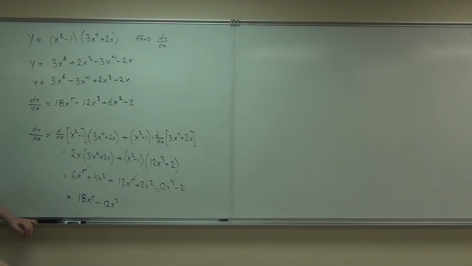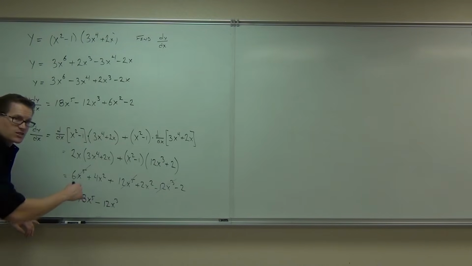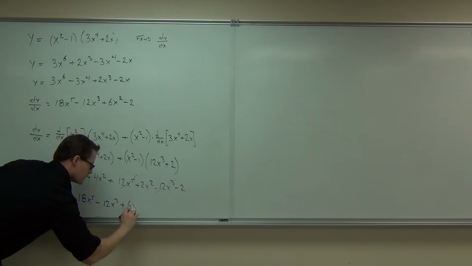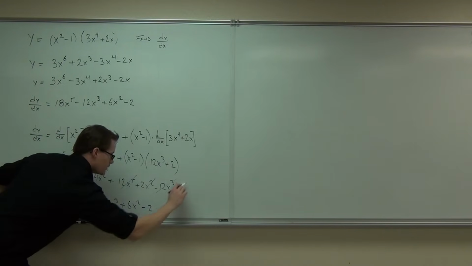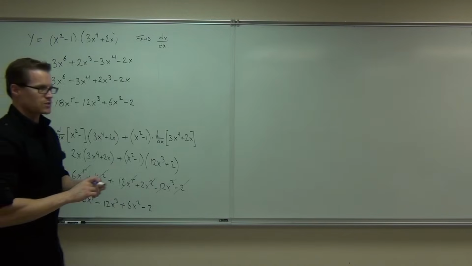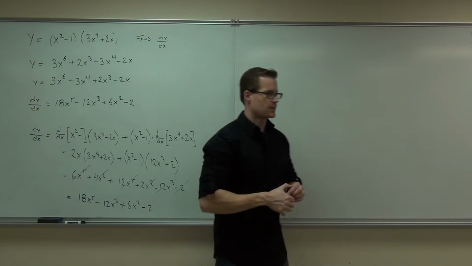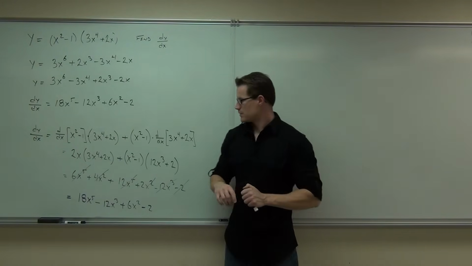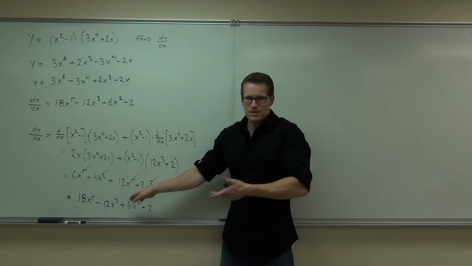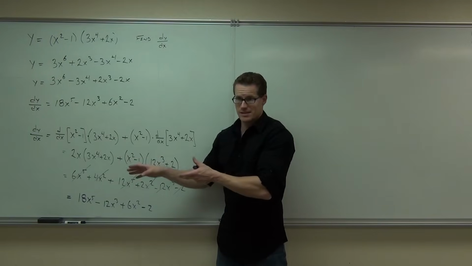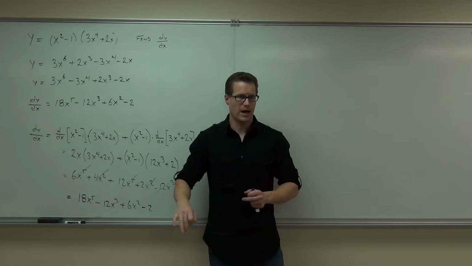Gotcha. I see a 6x squared. I have minus 2. Now, say we wanted to find the second or third derivative, can we just use that polynomial from that point? Oh, sure, yeah. Find the second one. Bam. Just look, these are the same derivative, right? It is the same. This is just a different way to go about it.